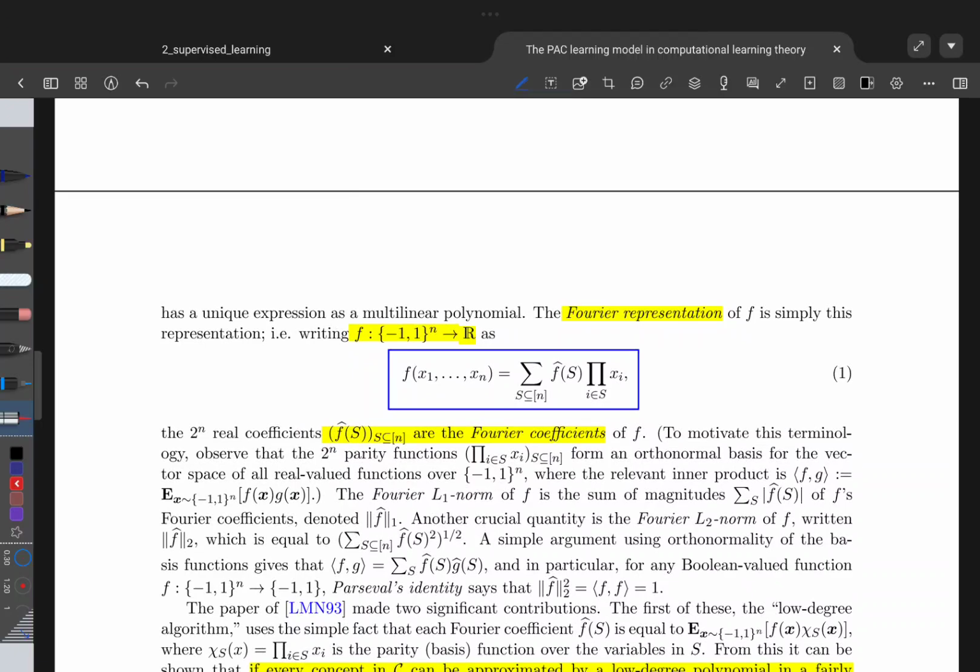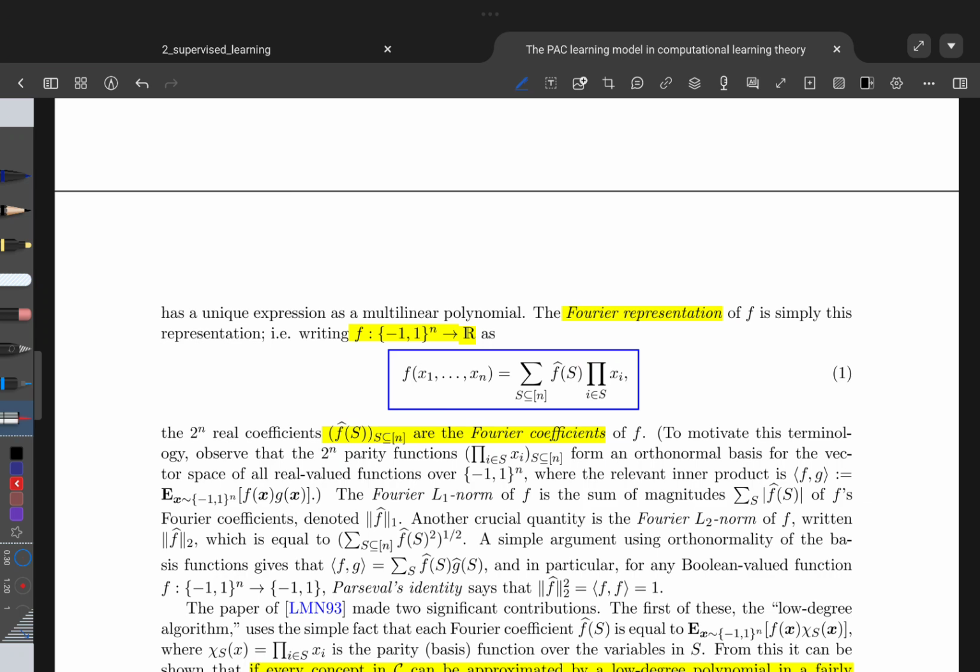So any such Boolean function has the following Fourier transform representation. It can be written as a sum over all possible subsets of 1, 2, 3 up to n of the Fourier coefficient corresponding to that particular subset times the product of the literals that belong to that particular subset.